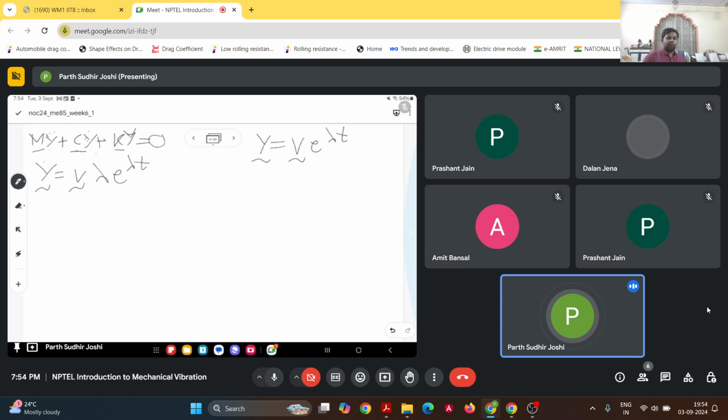So y dot will be basically v into lambda e to the power lambda t, and y double dot will be lambda square v e to the power lambda t.